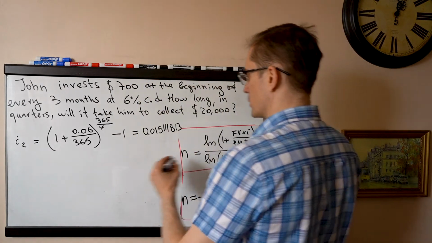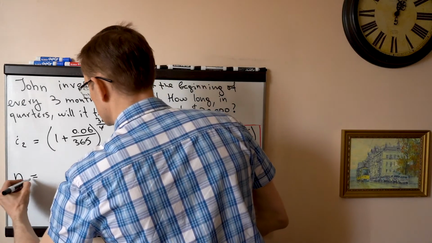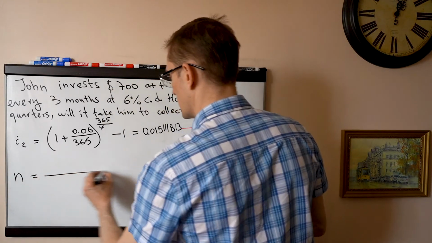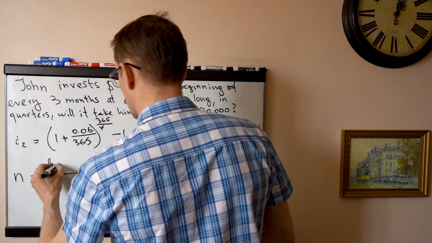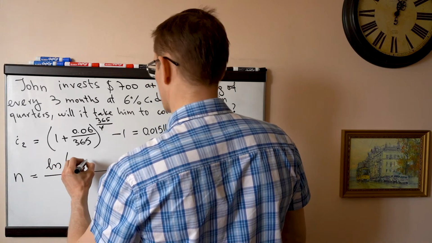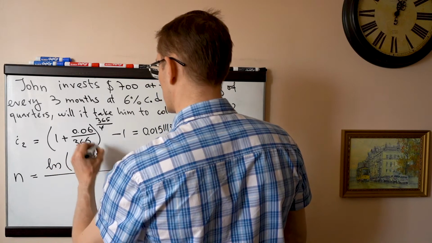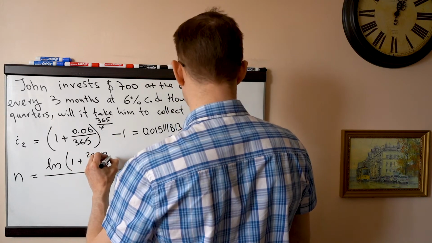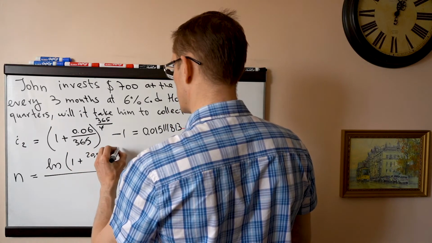Because that's a future value question, we'll be looking for n, and it will be logarithm of 1 plus the future value we are interested in, which is $20,000, times I2, divided by the payment.